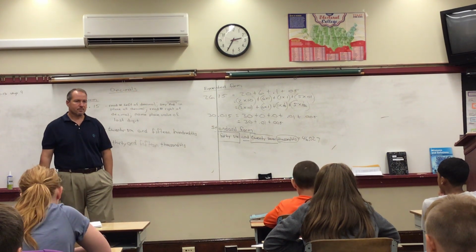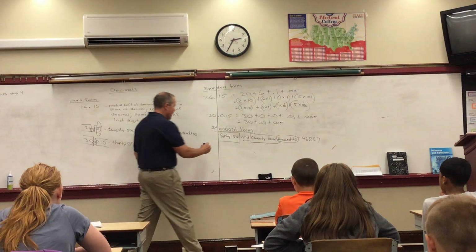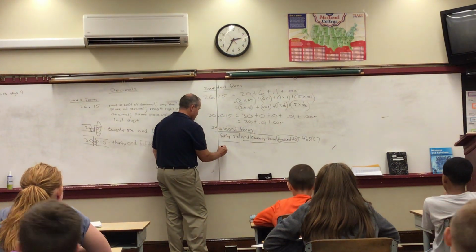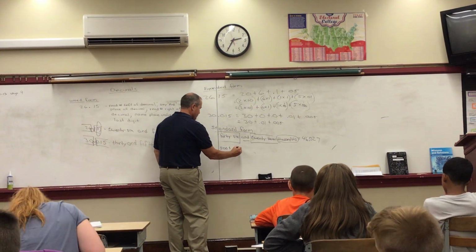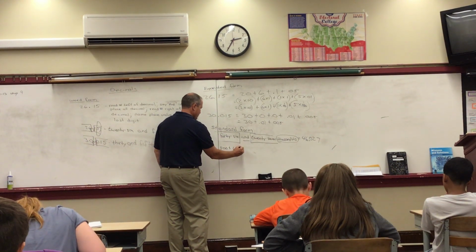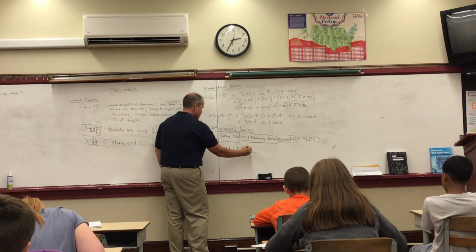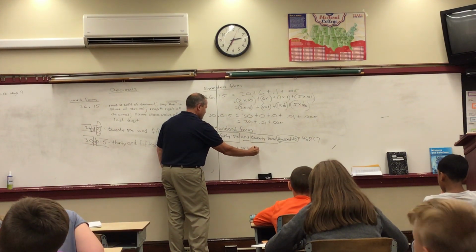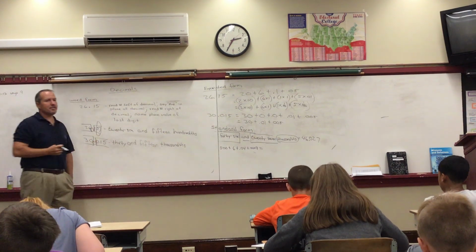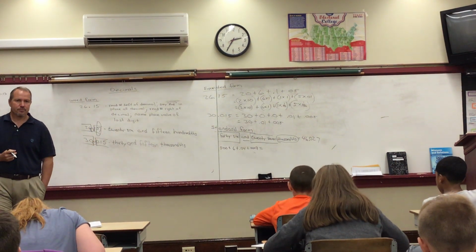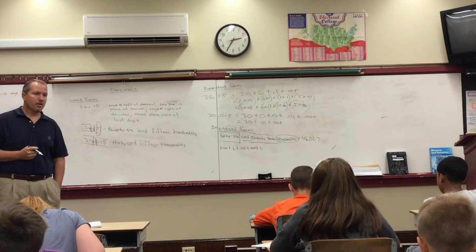You may also have something like this where we have 5 hundredths and they ask you to write that in standard form. Well, what is the first digit we're going to write?